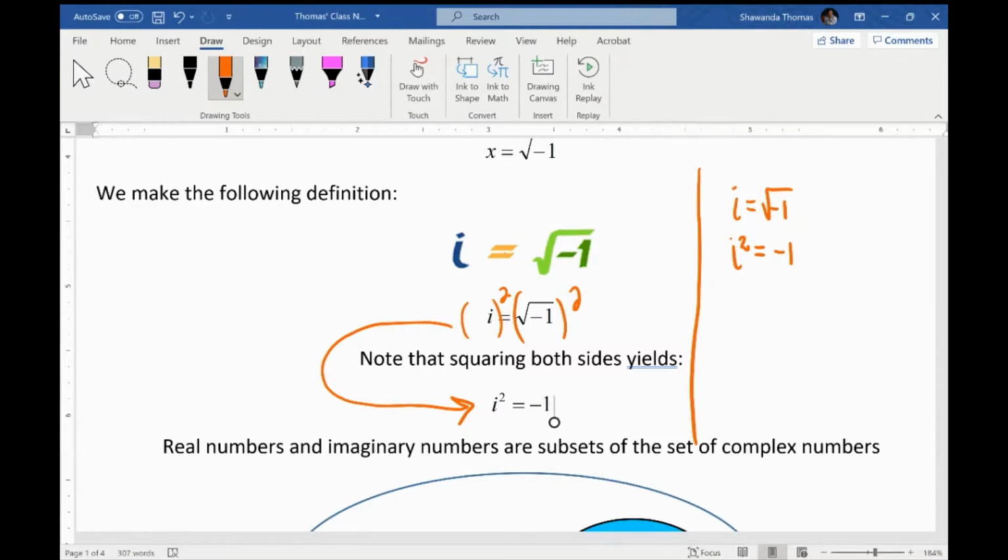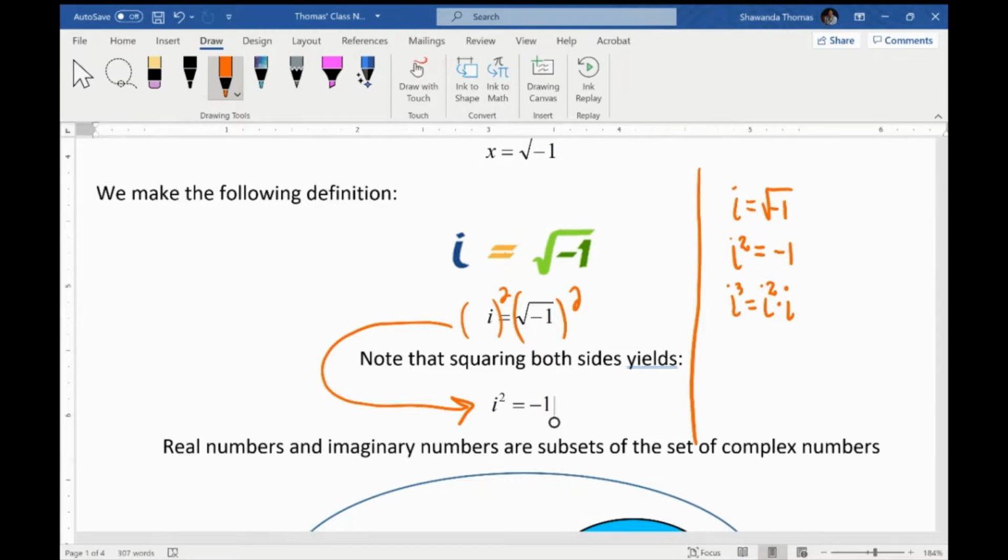But we can even go further than that. Let's say I ask you, what is i cubed? We can use what we know about i and i squared. Would you agree that i cubed is the same thing as i squared times i? Remember, when you have the same base, you can add the exponents.